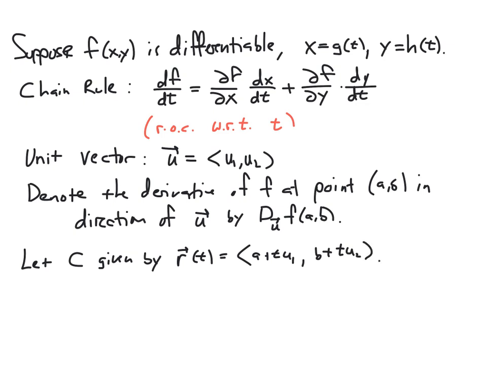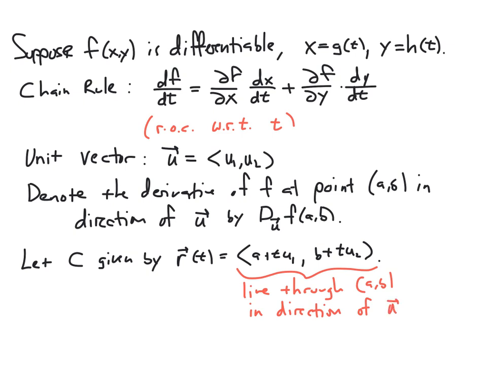Now you should recognize the form of this vector function. This is a line. It goes through the point (a, b), and it has the same direction as that unit vector u that we picked just a moment ago.